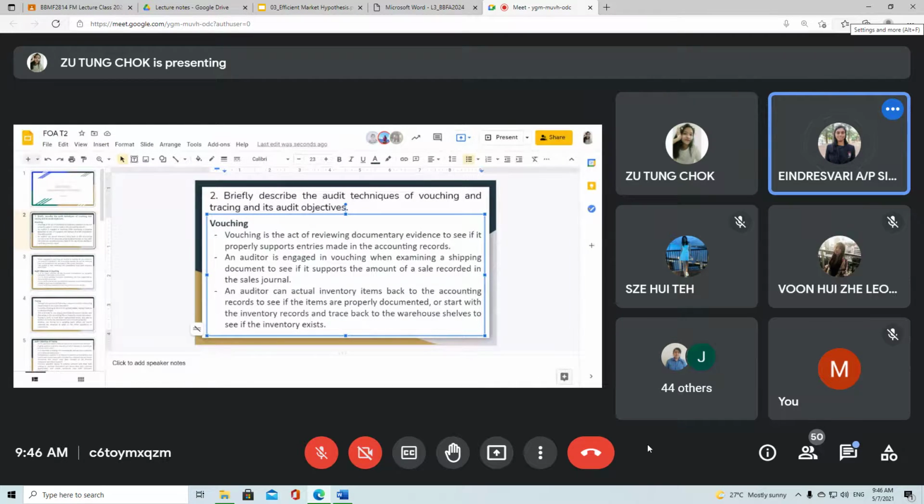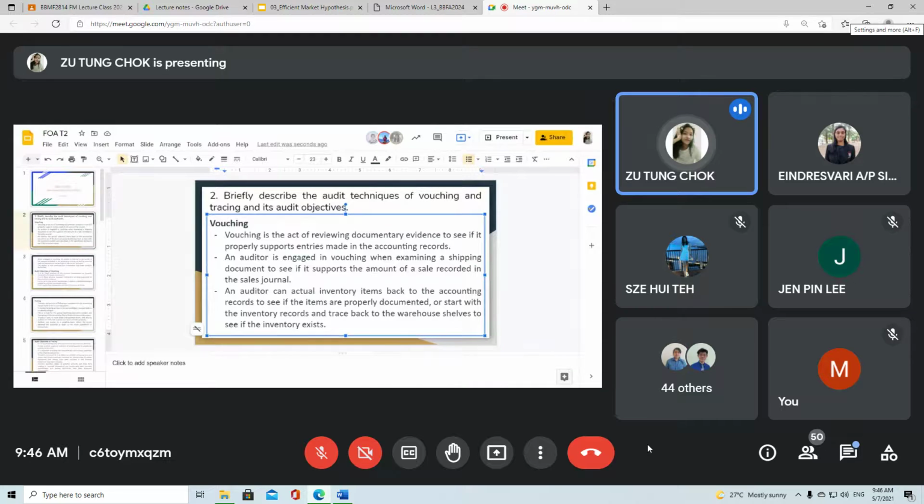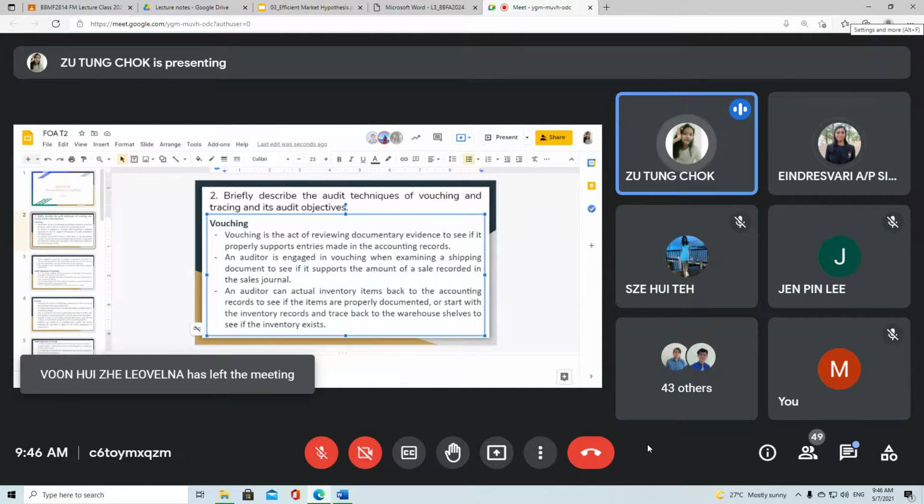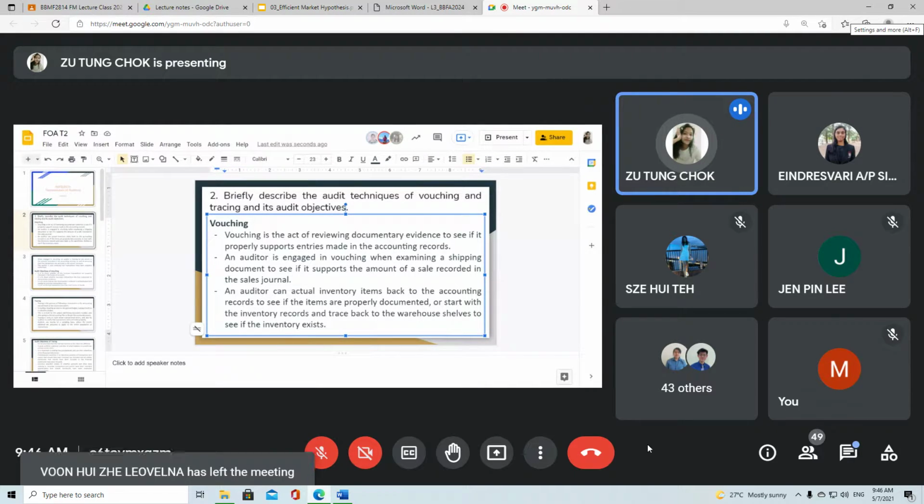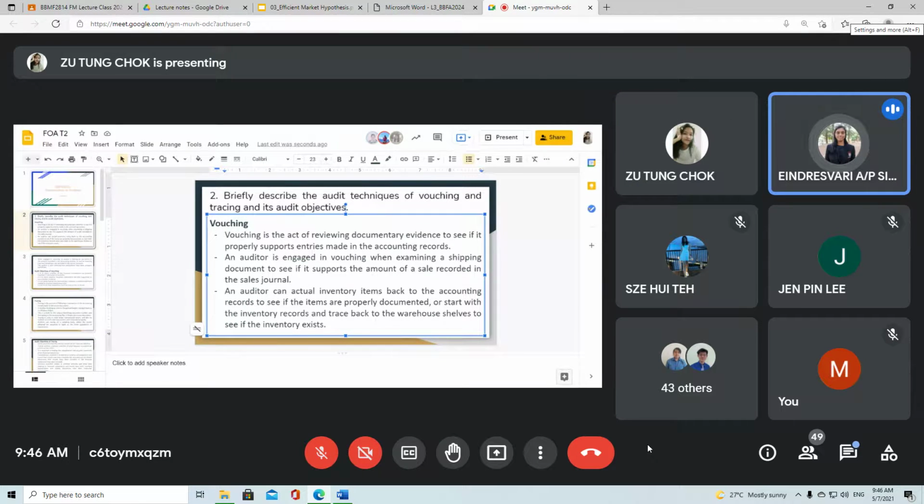An auditor is engaged in vouching. When an auditor is engaged in vouching, that means a shipping document. Can you write the full proper sentence on vouching? I think I have showed the example of answer during the lecture, how to write a proper vouching sentence.